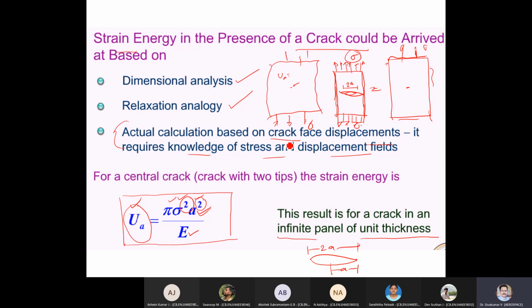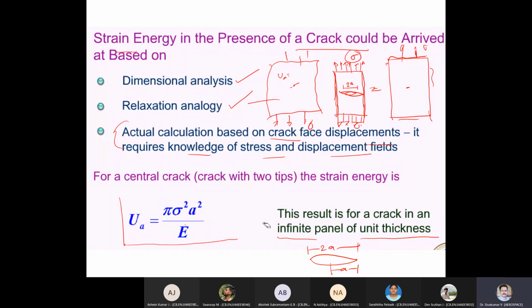At the same time, if you increase the material strength, strain energy will reduce. That's nature, no? If the material strength is increased, obviously it depends upon the Young's modulus. Young's modulus is more means I will get less strain energy because it is a stronger material. So this is the formula.